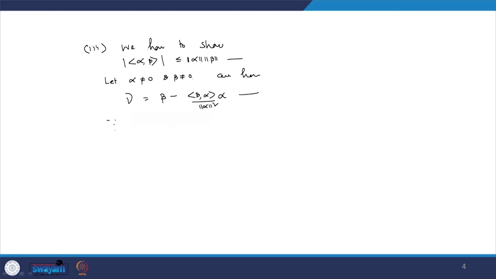So, if gamma equal to 0, this implies that beta can be written as a scalar multiple of alpha. This implies beta equal to the inner product of beta alpha by norm of alpha square into alpha. This is a scalar quantity.